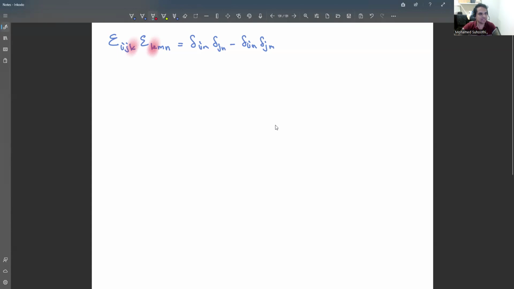First combining in order, then we combine the opposite way. Similarly, you can write IJK and JKN.